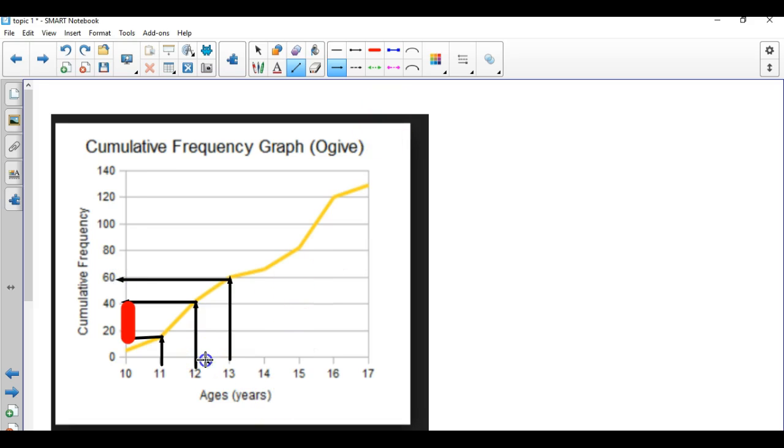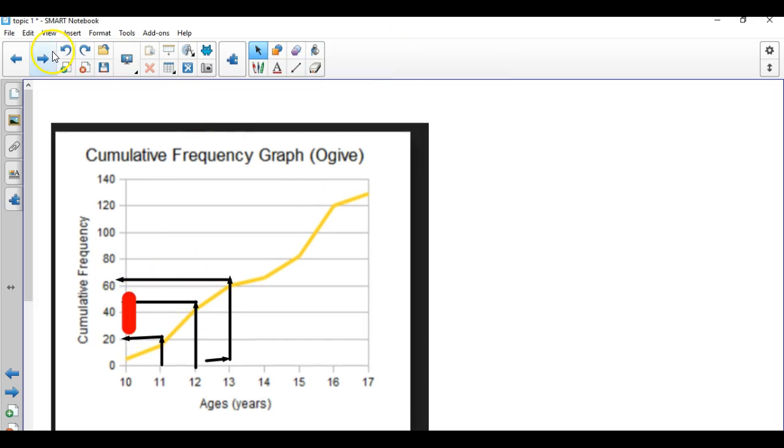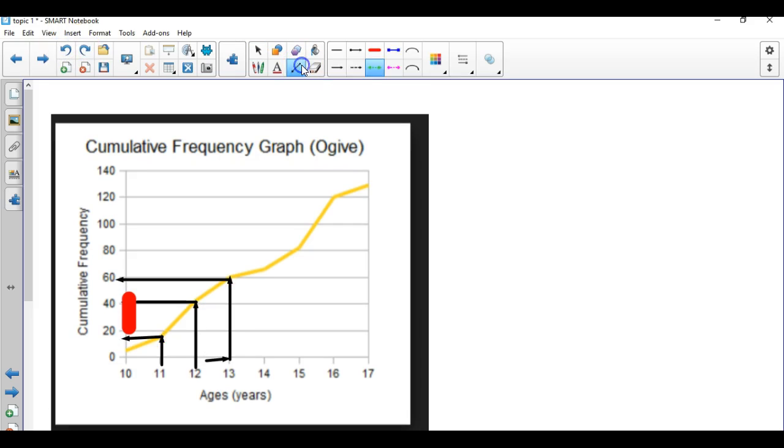But between the ages of 12 and 13 right here, from 40 to 60, that's 20. So there's 20 people from 12 to 13. So you can keep doing that if you're trying to figure out the actual counts of the individuals in that interval.